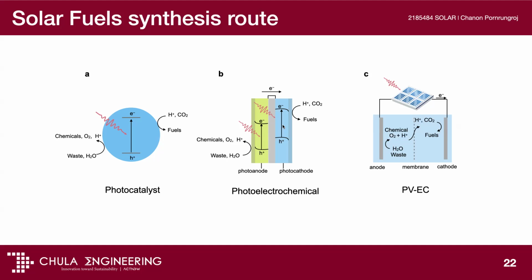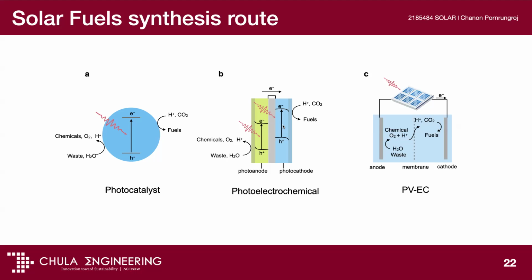Now you can have the device where one side produces hydrogen, one side produces oxygen, and you can do the separation of the product. And this device can be taken out from the solution very easily. So that's what we call photoelectrochemical cells, or PEC, right?